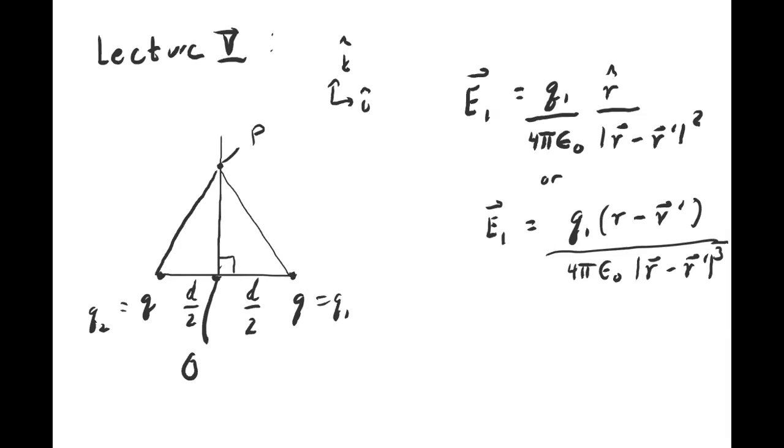So let's look at this diagram. What we need to get from this diagram is an answer to the following question. What is r minus r prime? What's the difference between the position vector r, or the field vector r, and the source vector r prime?